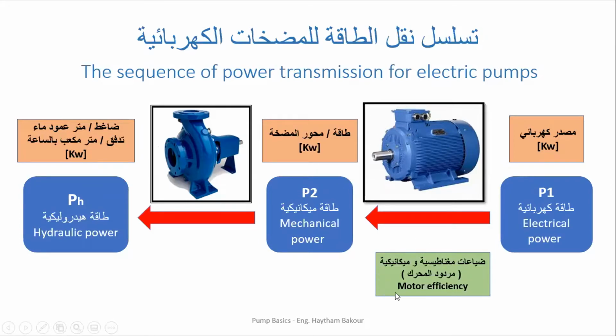We have some motor efficiency, which we call motor efficiency because there is a drop in the level of efficiency of the engine. There are also drops and losses in the pump, as there are hydraulic and mechanical losses, and we call it pump efficiency.